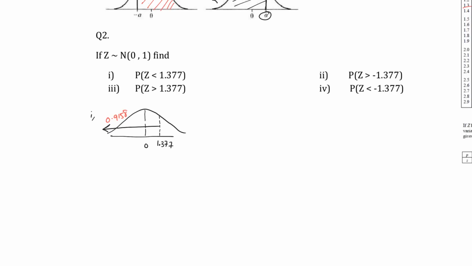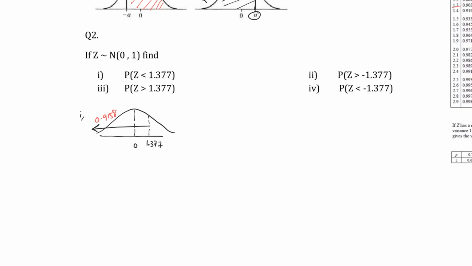In the second part, they are saying to find the probability of z greater than minus 1.377. So minus 1.377 is this region, and I want to find the probability of this body area, which is the entire area. Now since it's a negative z value, I cannot use my table directly. I'll have to use the concept of symmetry and find the probability of z less than 1.377.